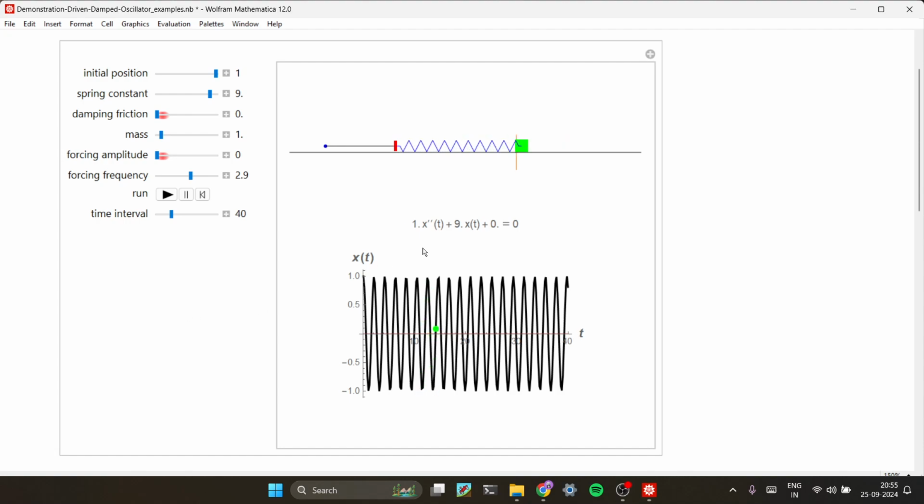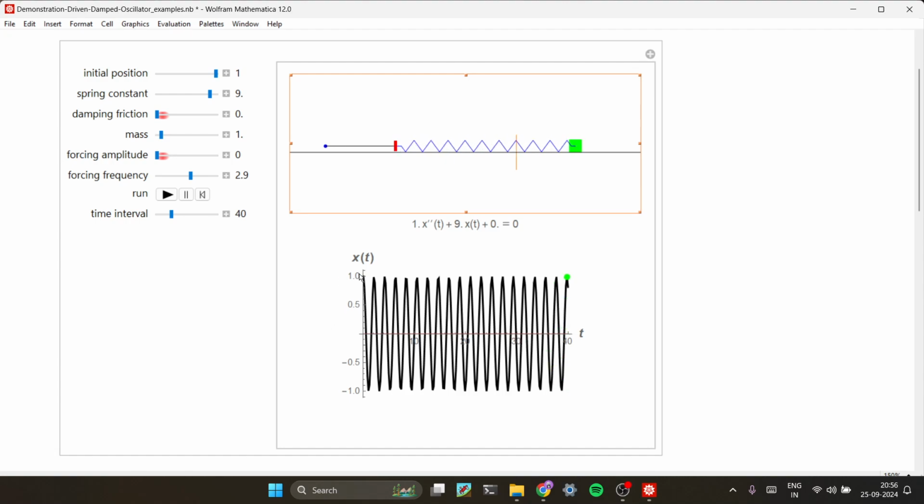And here you can see the differential equation. This x double dash is the double derivative with respect to time, and this is the spring constant 9, and x is there. So this is the simple harmonic oscillator differential equation, and this is the position time graph, right?